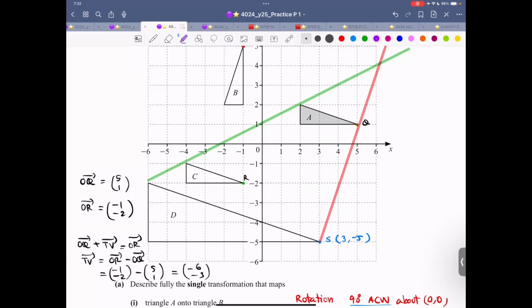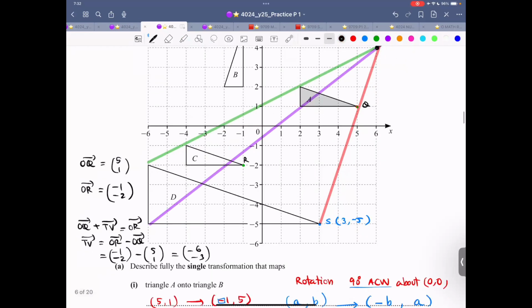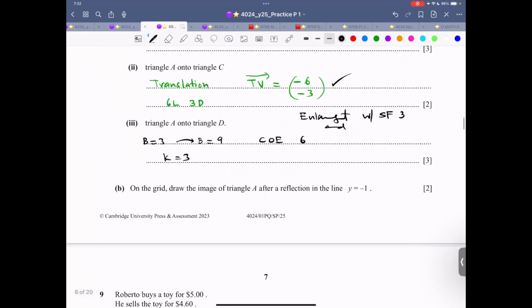Let me join these 2 points, the corresponding points, and extend the line. Let me also join the other 2 points and extend the line. Just ignore the thickness of the line, which of course it's not in my hand. It's going like this and it's very correct. I think this is the point (6, 4). So where the lines converge, that is the center of enlargement and that is the answer.